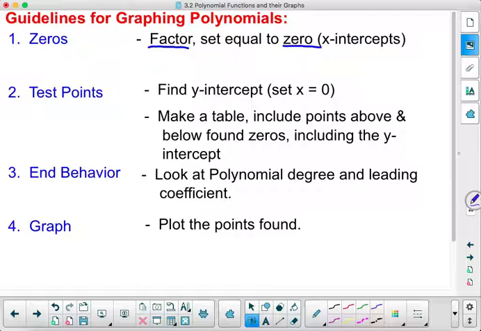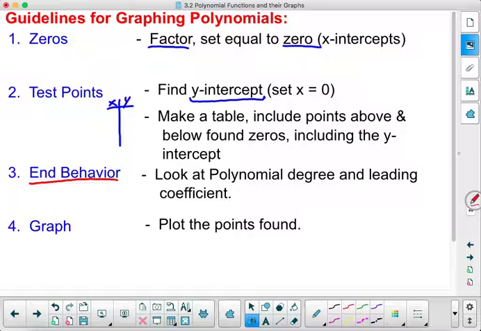Finding certain test points, like finding the y-intercept, which means I need to set x equal to 0. So find what the y-intercept is. Sometimes I have to make a little table, some test points, and you just have to plug in some points and find out what they are. But the other biggest thing that we're going to focus on is the thing we looked at before, the end behavior.